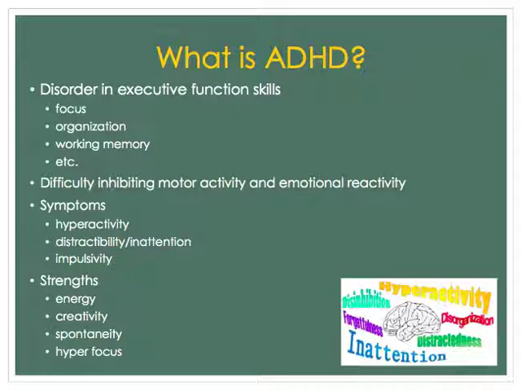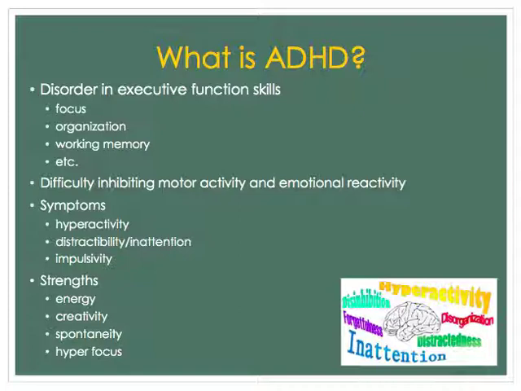Some of the symptoms that we see in our classes are, as we've already said, that overactive movement. Students with ADHD tend to be easily distracted and they are very impulsive. So something pops in their mind and they'll do it without thinking.